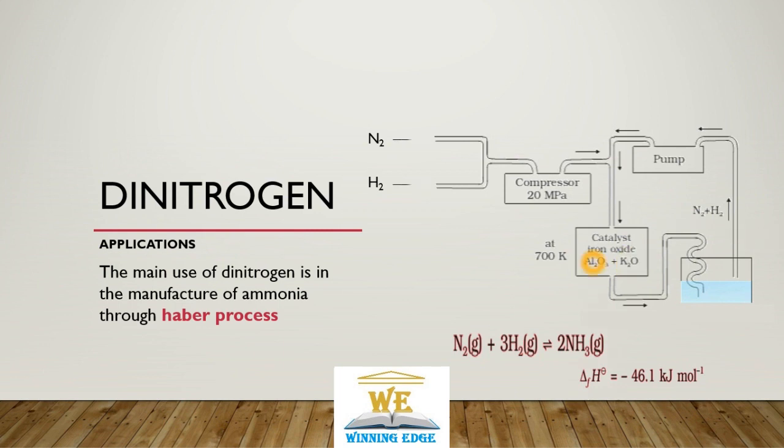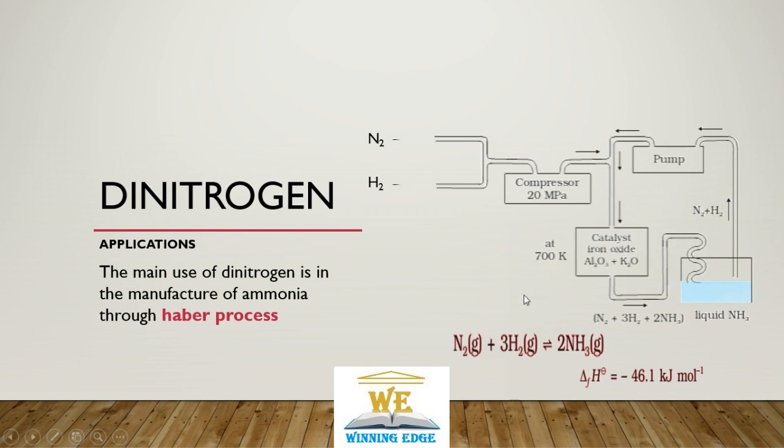In the catalytic chamber, nitrogen and hydrogen react to give a mixture of nitrogen, hydrogen and ammonia. From this mixture, liquid ammonia is extracted, and the rest of the nitrogen and hydrogen is pumped back to the catalytic chamber. This is a simple diagram for ammonia manufacturing through the Haber process.